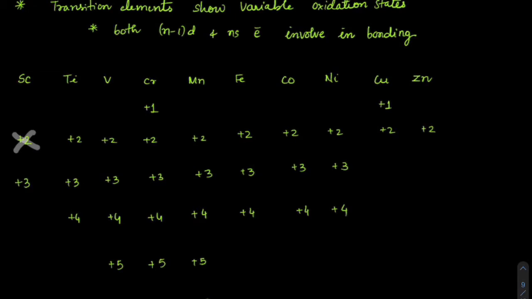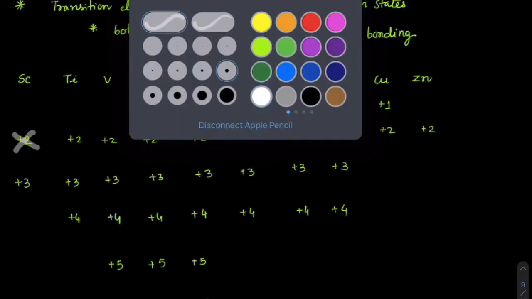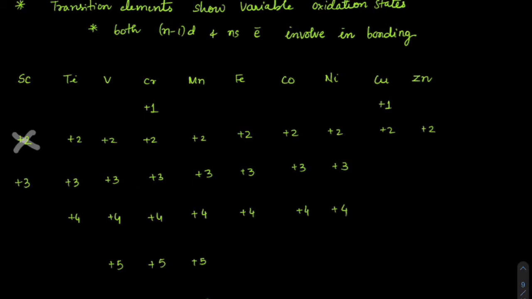Out of this, if you check out the less stable ones, I will do it with another color. You can see iron with +4 oxidation state is less stable, so this color represents less stable ones, got it? And similarly chromium does show all of them.